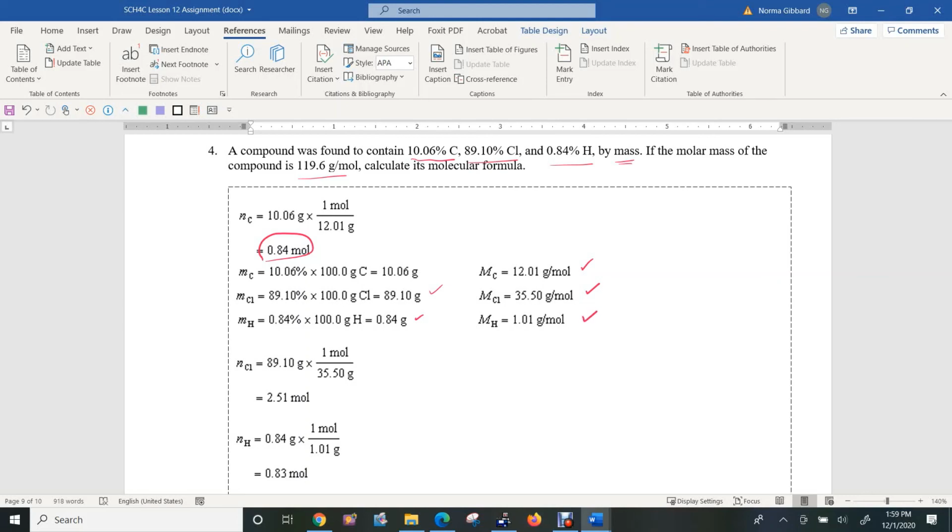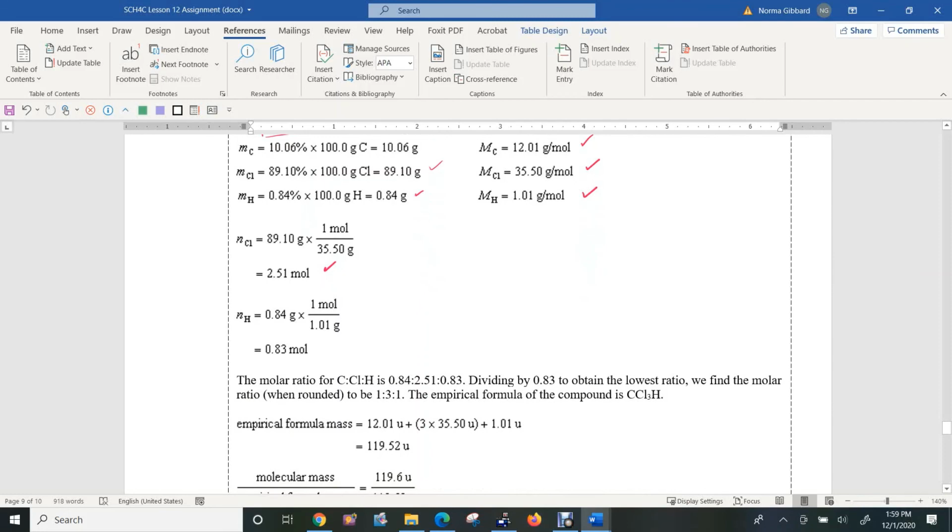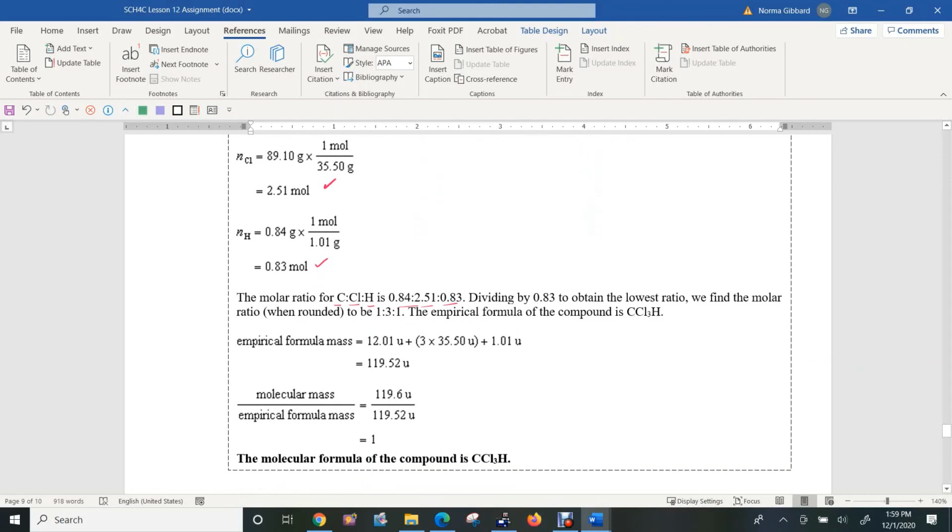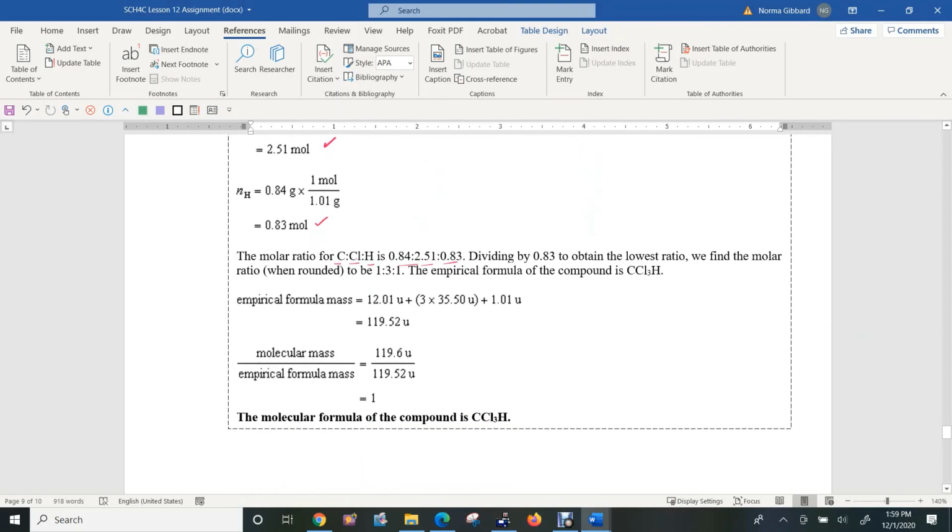So the number of moles of chlorine is 2.51. Hydrogen is 0.83. So we have the mole ratio of C to Cl to H is 0.84 to 2.51 to 0.83, and that works out to be an empirical formula mass of 119.